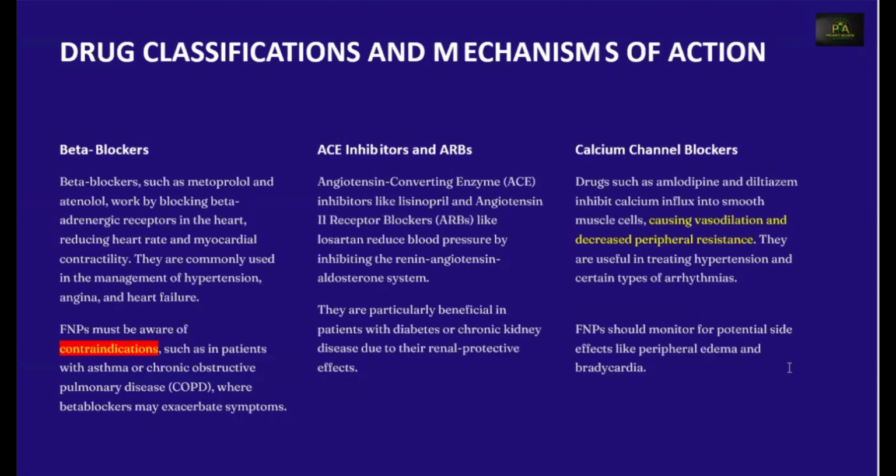They also cause constipation and peripheral edema. Constipation, peripheral edema. So we use it for the treatment of hypertension and it is usually the first line also for African Americans.